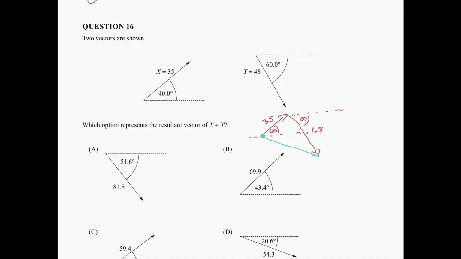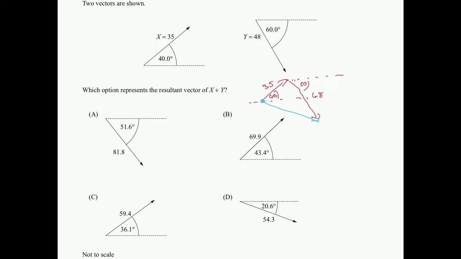A resultant vector is down in that direction. Already looking at our options, we can rule out B because B is pointing upwards from horizontal, and same with C. And we know our new resultant vector is going to be pointing down from horizontal. So there's two options we can go through.